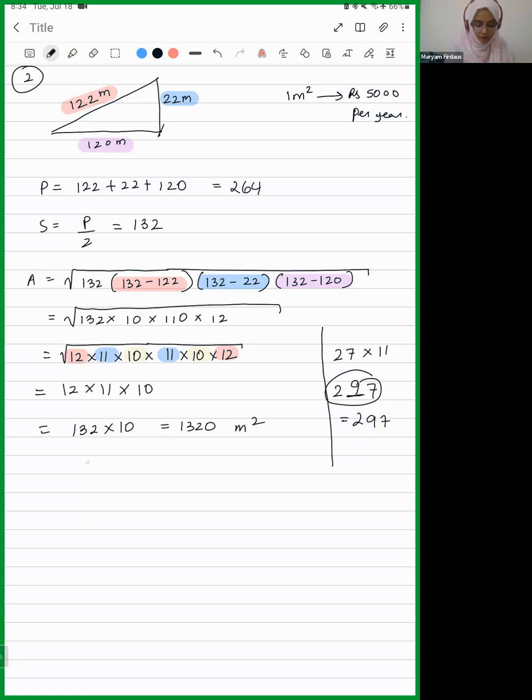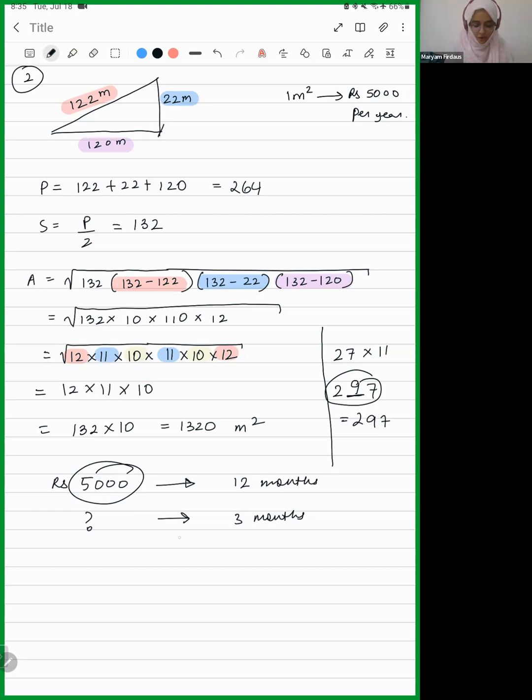So if 5,000 rupees per meter square is for 1 year, or you can say 12 months, right? 1 year is 12 months. Then how many rupees will it be for 3 months, which is basically a quarter of a year, right? So what do you have to do? Just divide this entire thing by 4 because it's a quarter.